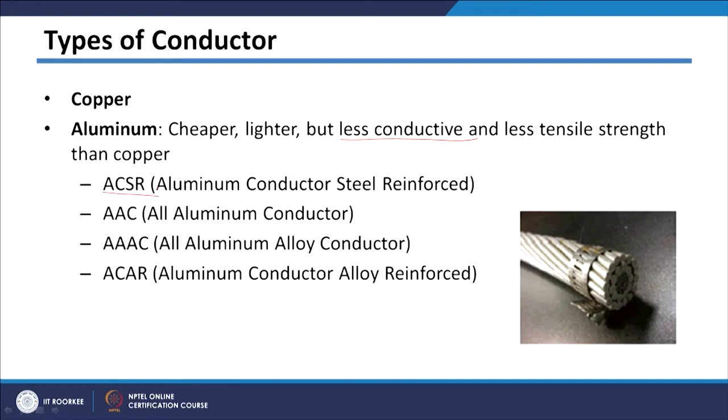Then there is AAC conductor, which is all aluminum conductor. Then triple AC conductor, those are all aluminum alloy conductors. And then there is aluminum conductor with alloy reinforcement. The alloy reinforcement is basically to increase the tensile strength of the material. There are other types also, but out of all these types ACSR are widely used.